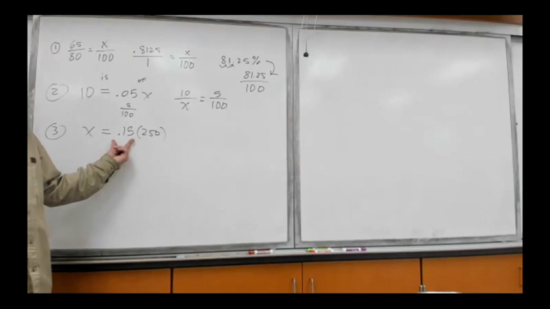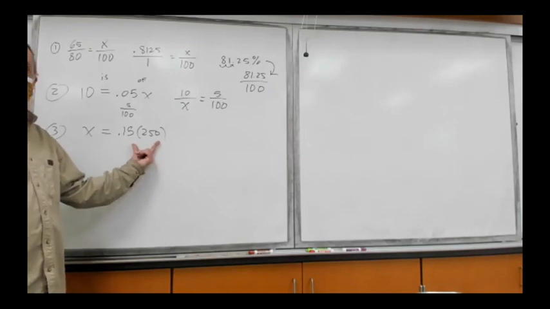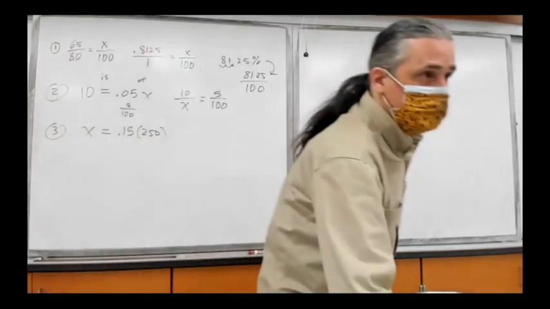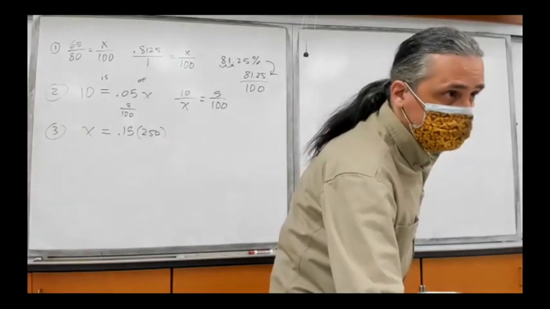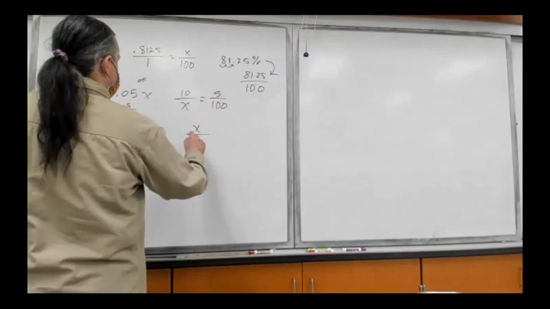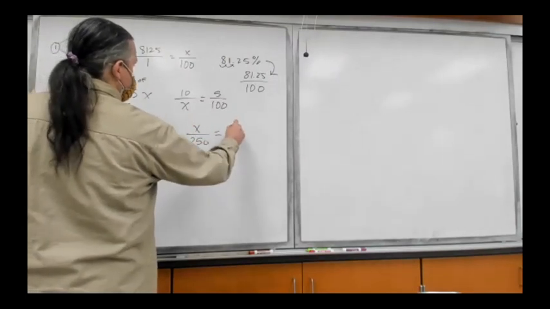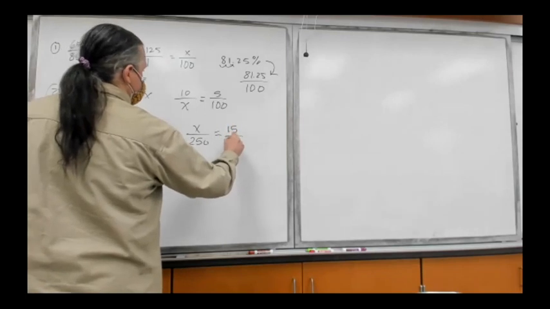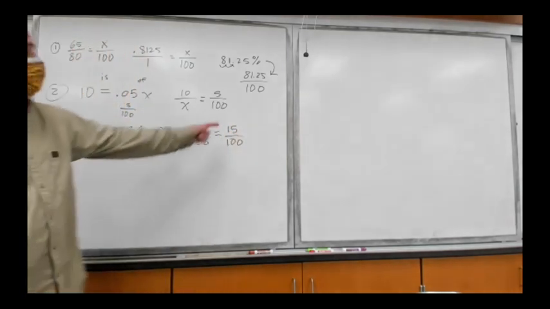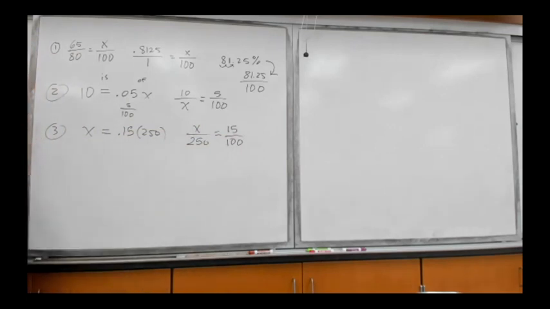Notice when you multiply by a number between 0 and 1, that's going to give you a portion of that larger number. How much out of the 250 equals 15%? So if it's 15 out of 100, what would it be out of 250? That's really what that problem's asking.